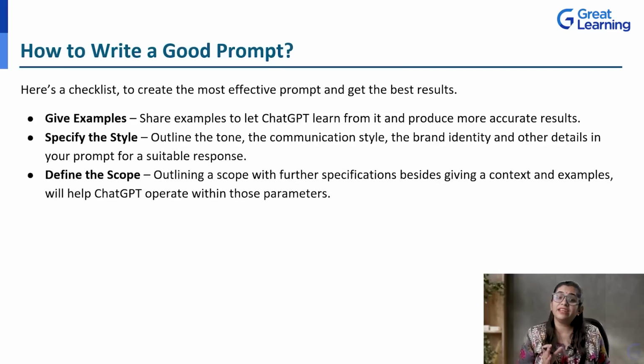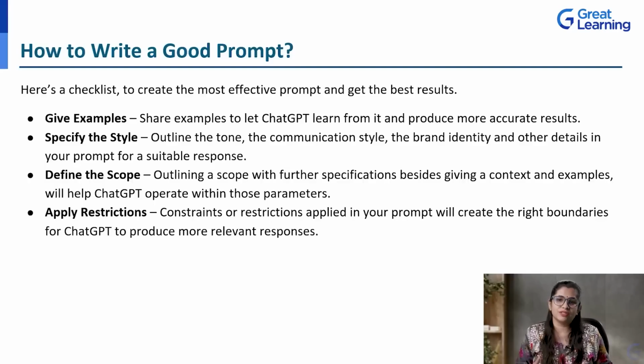Next is defining the scope. When you outline the scope with specifications, besides giving context and examples, ChatGPT operates within those parameters. For example, temperature: when you say, I want to be creative, my temperature is this, I want my top P to be this. You are defining the scope for your ChatGPT.